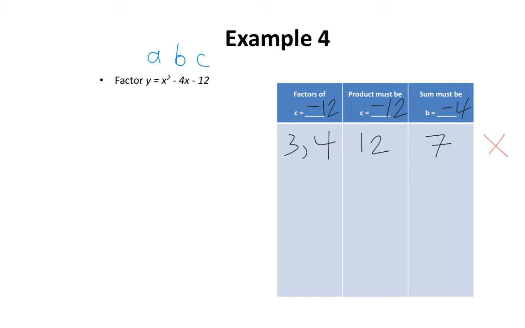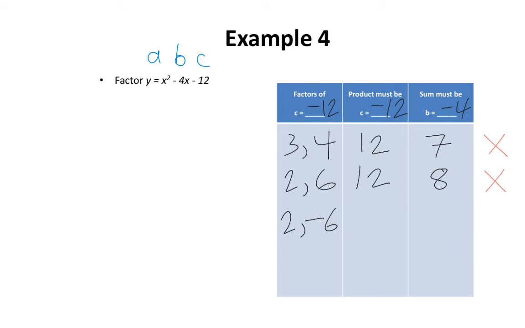Let's think of two other factors. Okay, let's think of maybe 2 and 6. Well, 2 times 6 is equal to 12, but 2 plus 6 is only equal to 8. So we're getting a little bit closer, but that is still incorrect. Let's start playing around with the signs here. So let's keep using 2, and let's use negative 6, and let's see what happens.